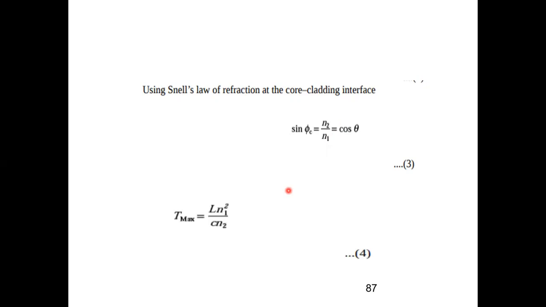Let your brain cells work, your fingers work. Otherwise, you won't be able to use it anywhere. So T max, you should be getting L N1 square upon C N2. Just tell me whether you are getting this or not. Yes, ma'am. And give it equation number 4.